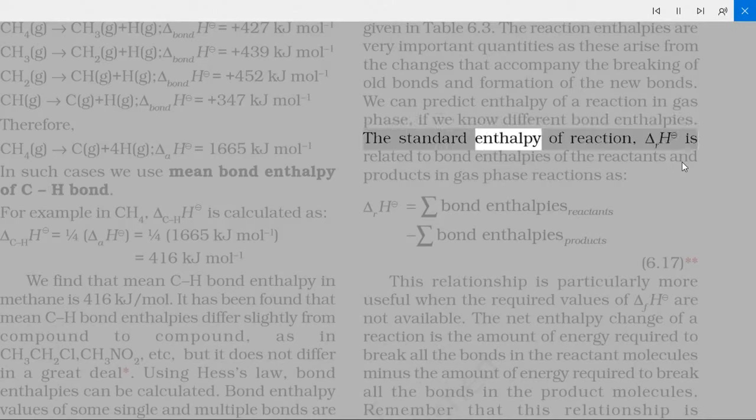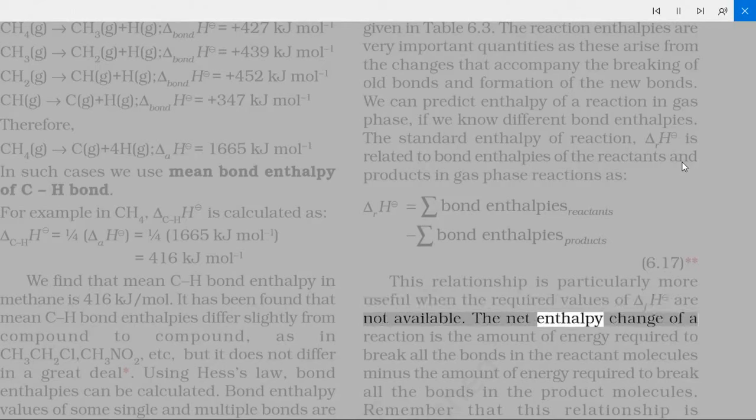The standard enthalpy of reaction, ΔrH, is related to bond enthalpies of the reactants and products in gas phase reactions as ΔrH = Σ bond enthalpies (reactants) − Σ bond enthalpies (products). This relationship is particularly useful when the required values of ΔfH are not available.